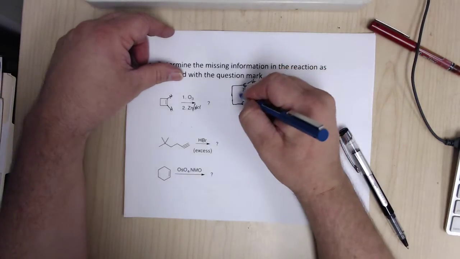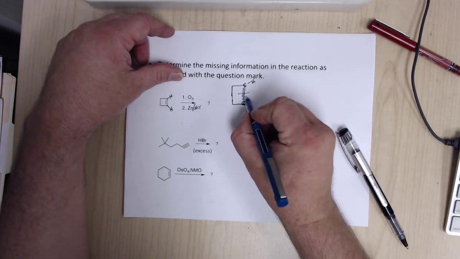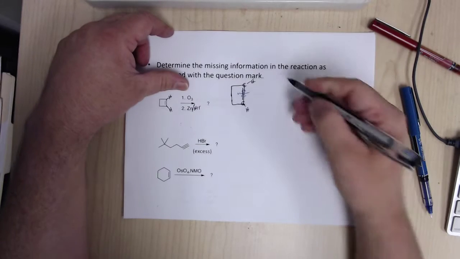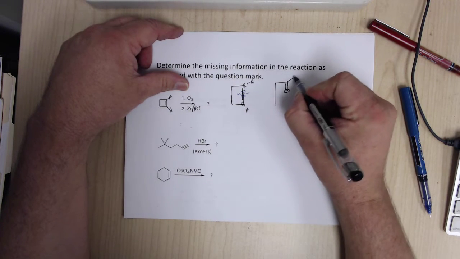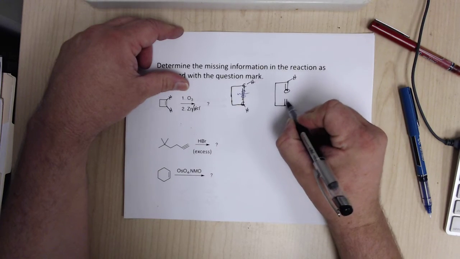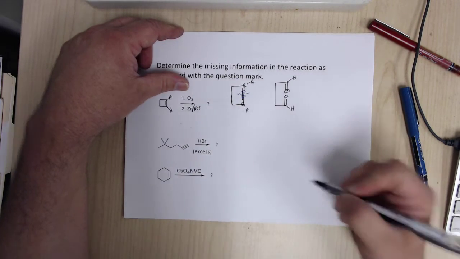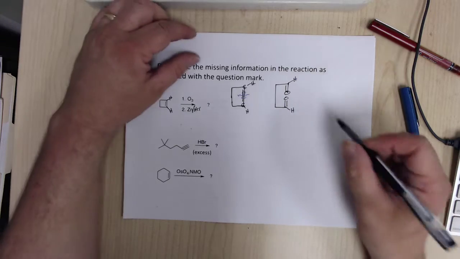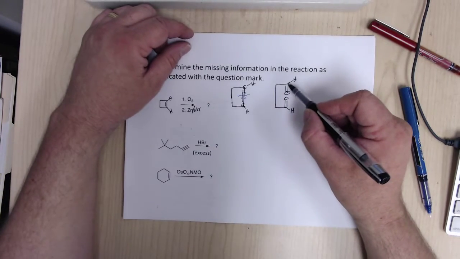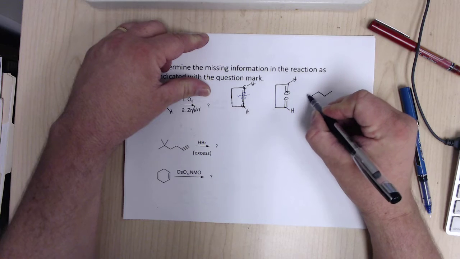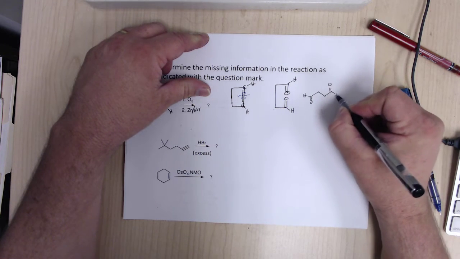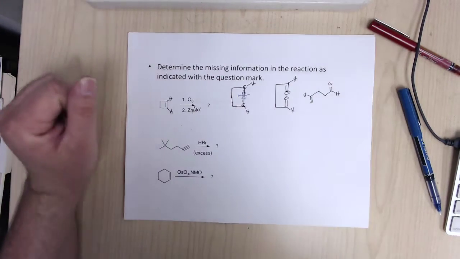I'm just going to be slicing it like this, and then we're going to add oxygens on either side. I would encourage drawing it like this, that's perfectly legal. That's your product. If you want to be really fancy, you can draw it stretched out, but if you draw it like this, that'd be fine.